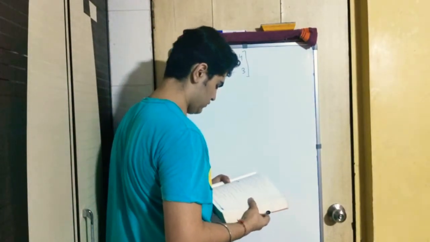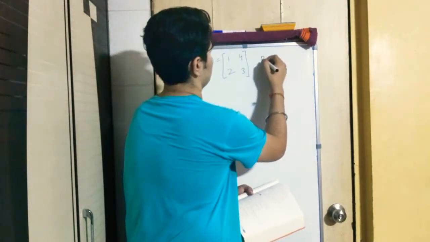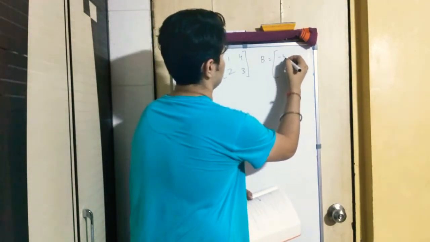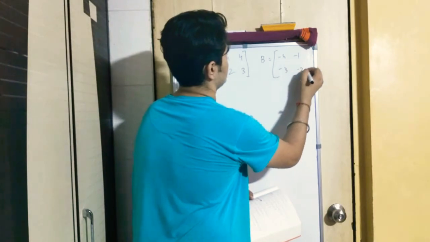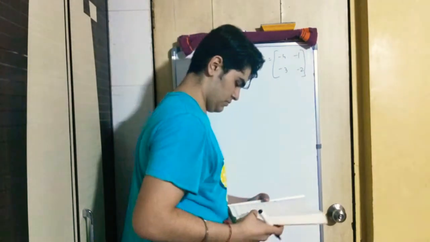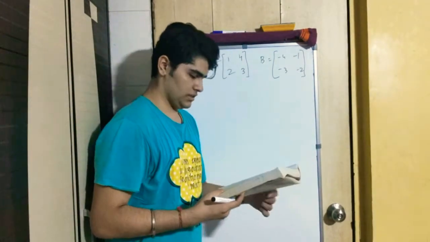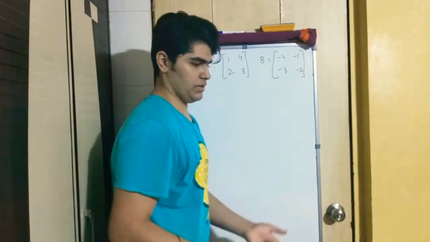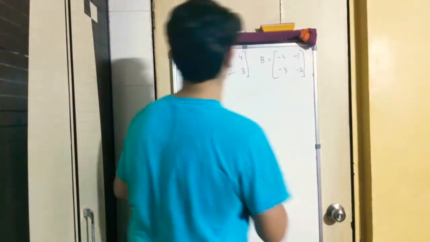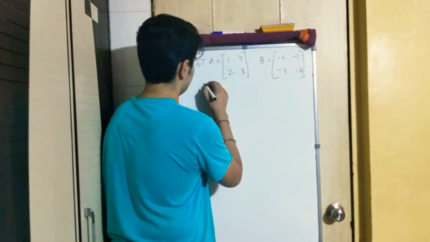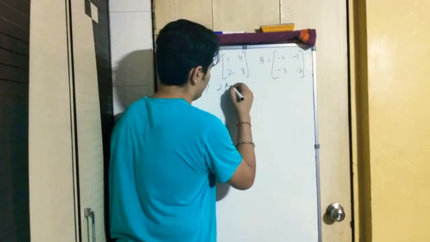B is equals to minus 4, minus 1, minus 3, minus 2. Given two conditions, first we will find the first condition, then the second. We are given 2A minus B, 2A plus B. So the first condition given is 2A plus B.